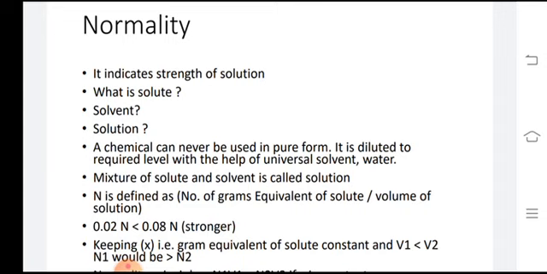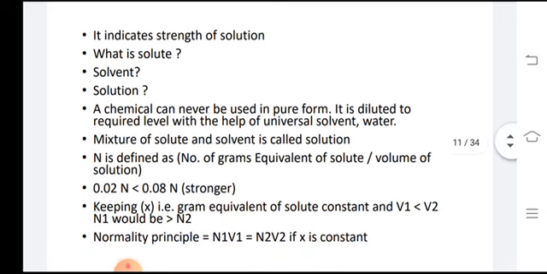So keeping X, that is the gram equivalent of solute, constant, and V1 less than V2, N1 would be greater than N2.